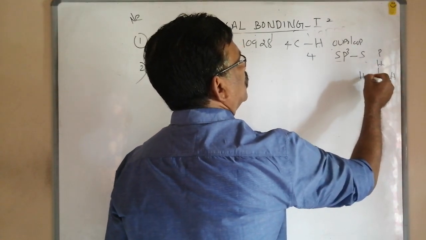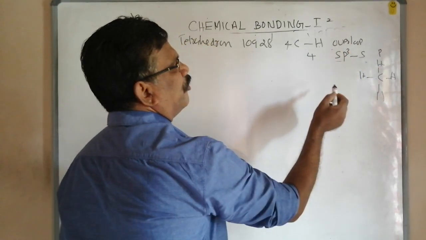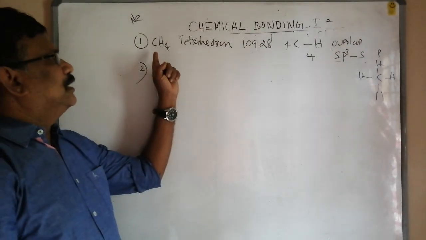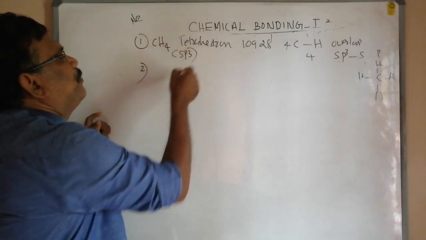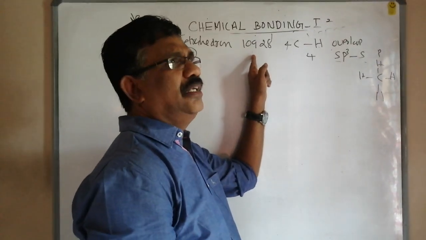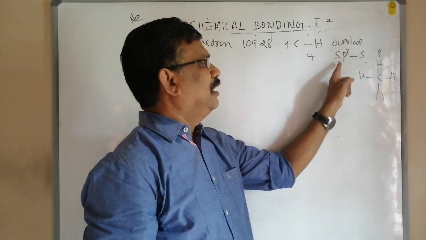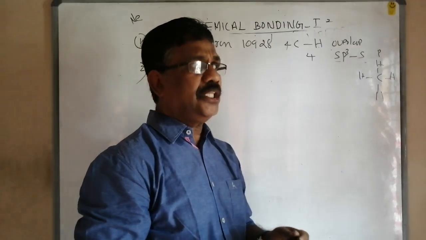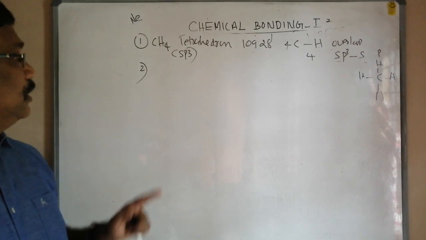We discussed the first molecule, methane. Carbon hybridization Sp3. Shape of methane, tetrahedron. Angle in methane, 109 degrees 28 minutes. The four C-H bonds are formed by which overlapping? Sp3 S overlapping. All are identical, with equal bond length. Hybridization Sp3. Now the second molecule.